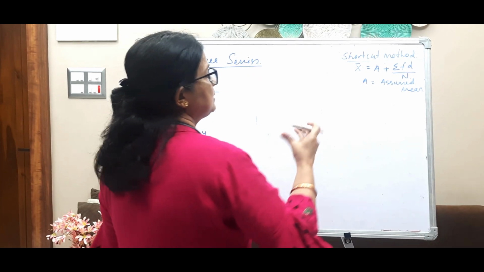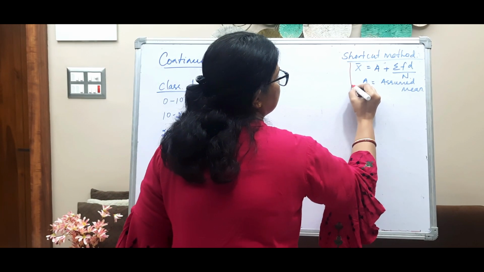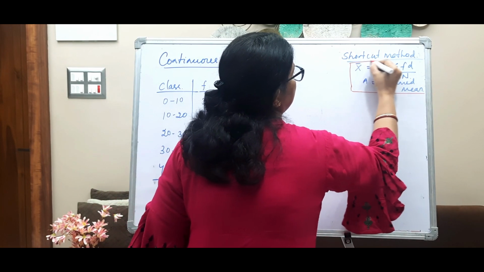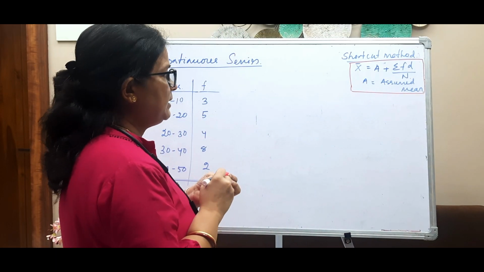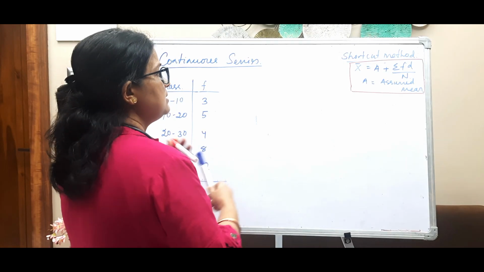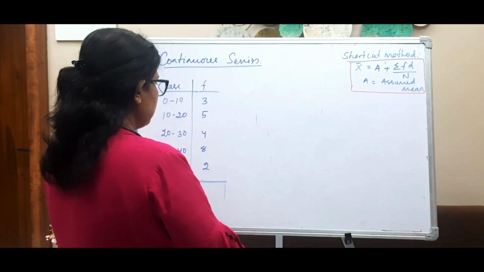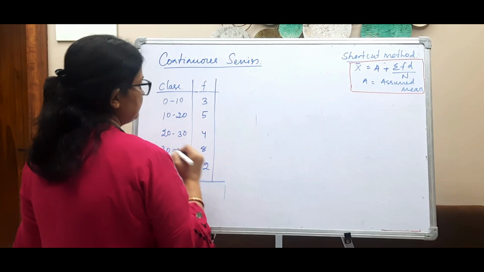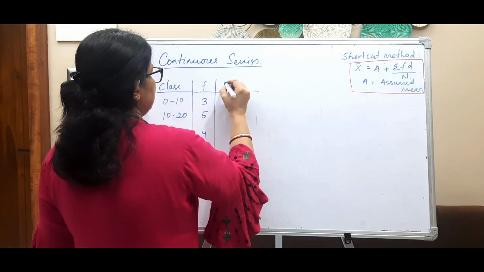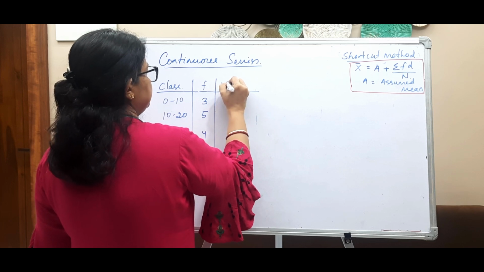Formula for the shortcut method: x bar equals a plus sigma of fd divided by n. A is our assumed mean. So what we need to do, we need to make this table. This is our m.